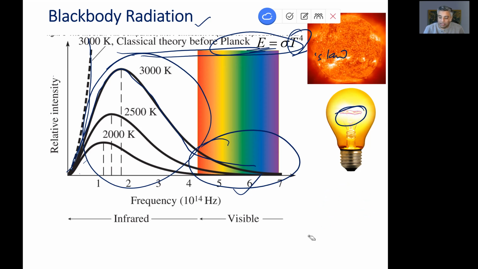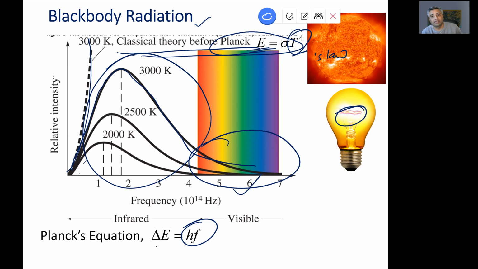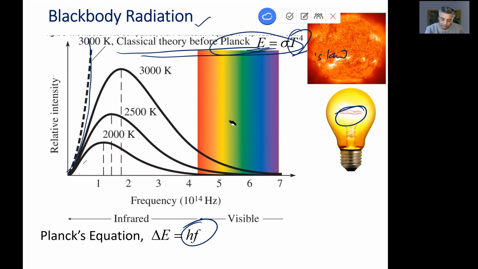So that's when, later, Planck used this idea that energy is quantized and it is some constant times the frequency of the wave. So if I have, let's say, red light, okay, it says red light has a frequency around here.